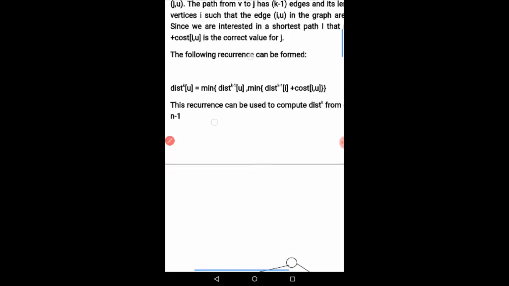That is equal to the minimum among these values. That is the minimum of dist K-1 of U. Dist K-1 of U means distance from source to U using K-1 edges.